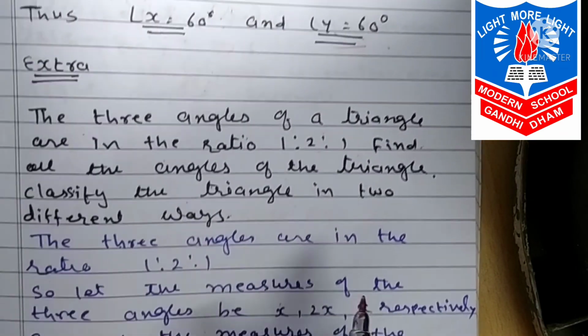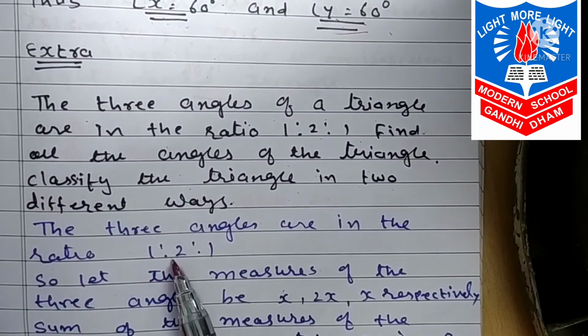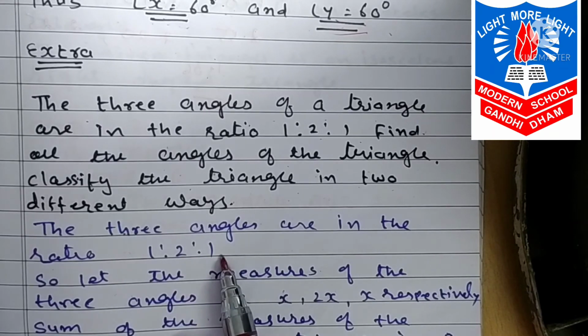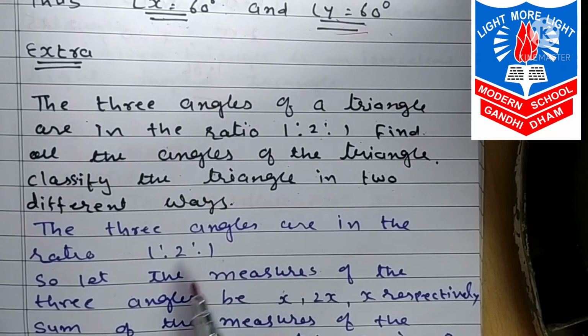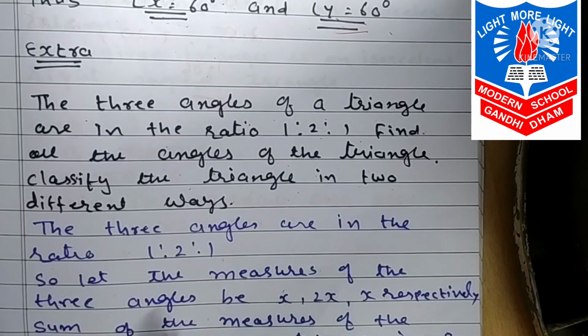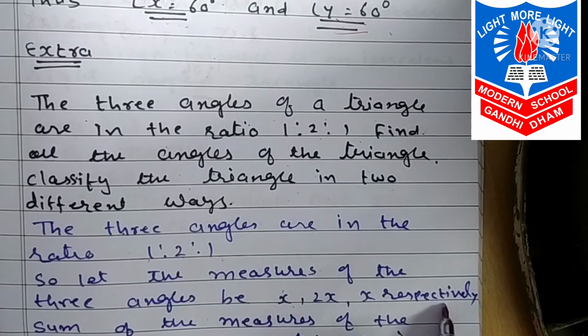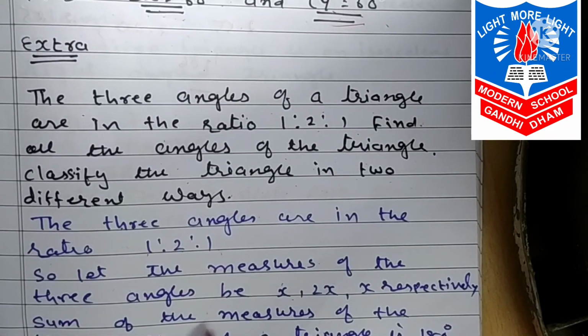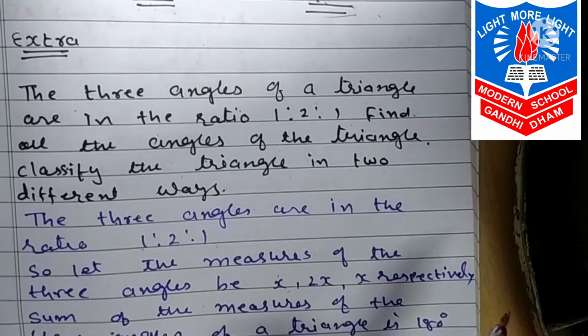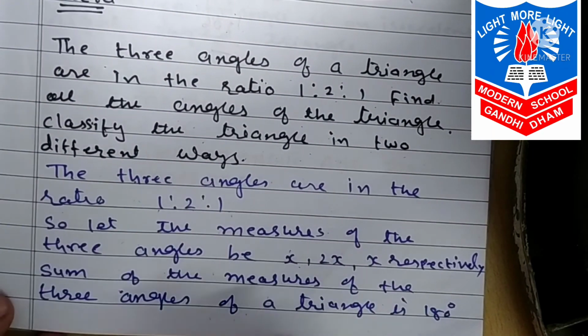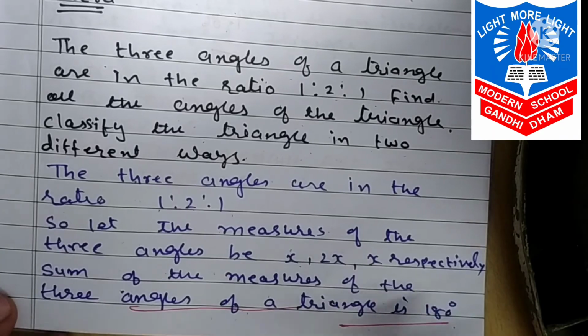First, the three angles are in the ratio 1, 2, 1, that is given in the question. So let the measures of the three angles be x, 2x and x respectively. The sum of the measures of the three angles of a triangle is 180, that you know it is compulsory to write.